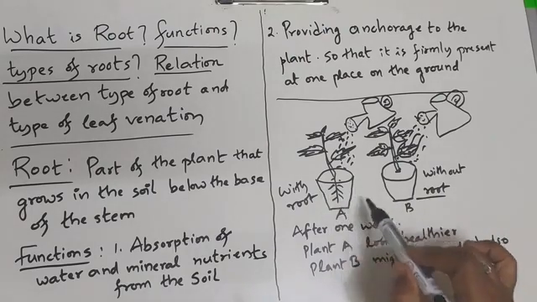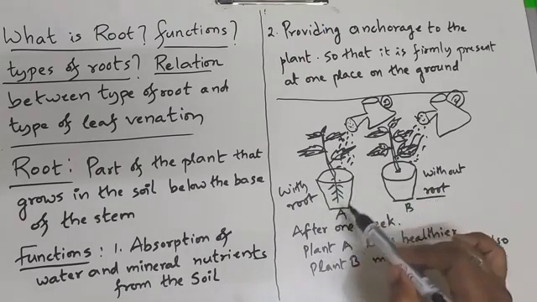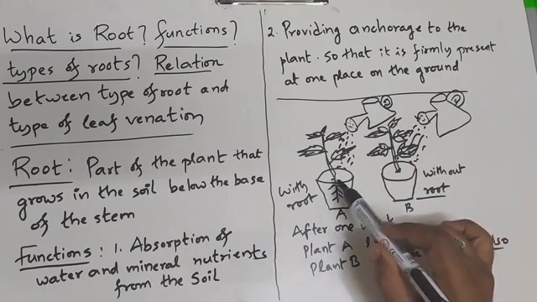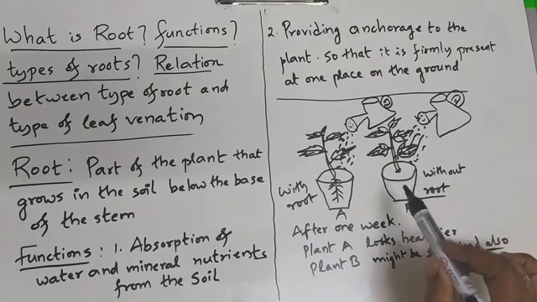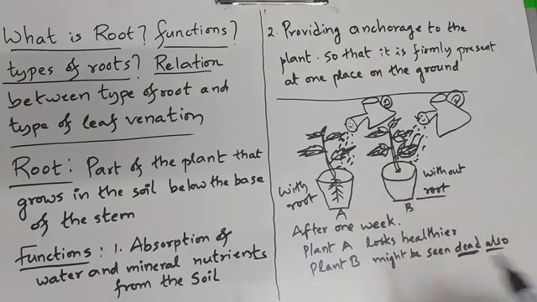The water absorbing part, root, is there in plant A, but that root is not there in plant B. So this activity explains that absorption of water and mineral nutrients is carried out by roots.